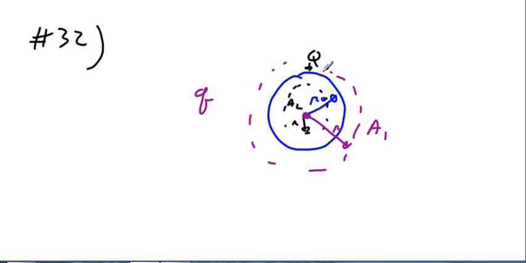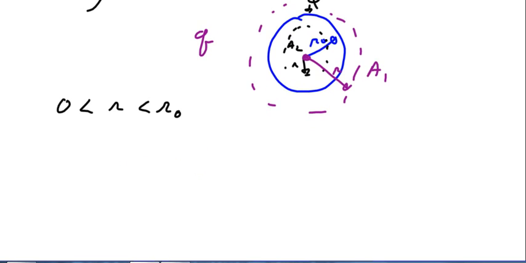And so now the issue is to determine the electric field for 0 less than r less than r naught. So I'm going to find the electric field inside. Okay, so that's what I'm looking for.